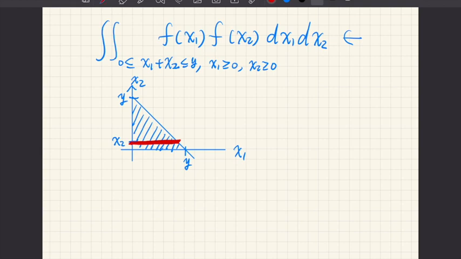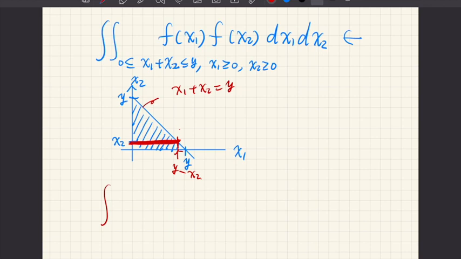Okay, from here to here. Since this line is x1 plus x2 equal to y, this value here is y minus x2. So it's easier to integrate.